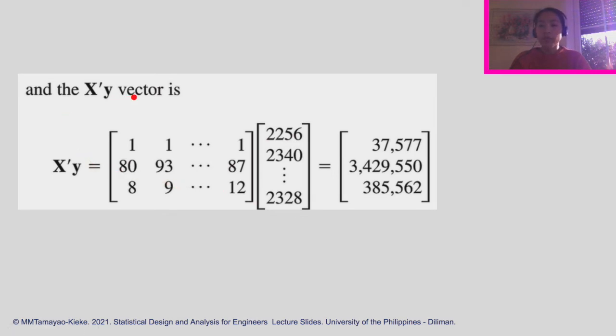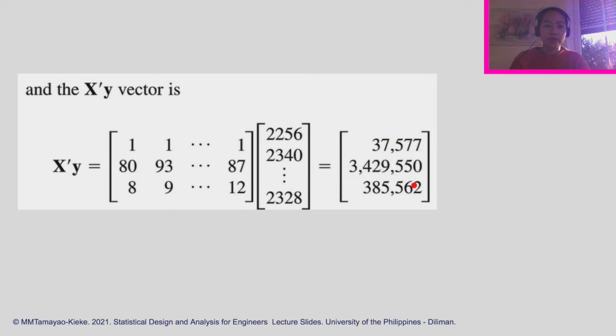We also need the X prime Y vector. The X prime Y vector is just equal to this, and doing matrix multiplication, we would get this 3 by 1 matrix, because we have a 3 by 16 multiplied by a 16 by 1.